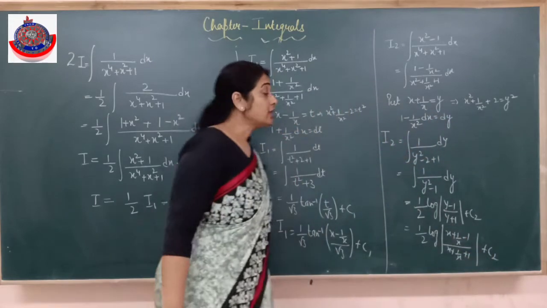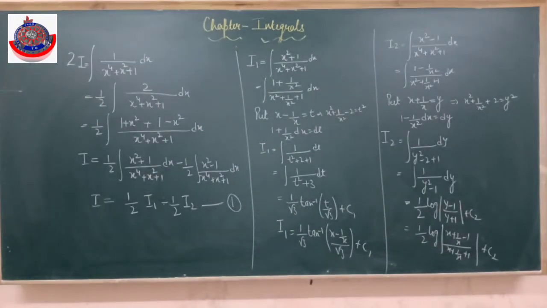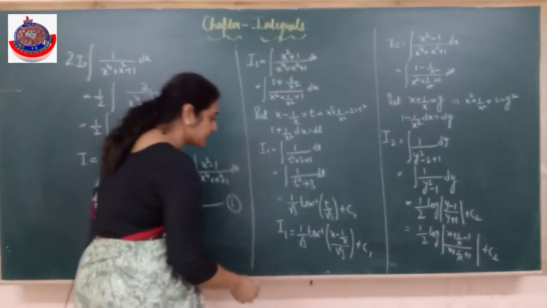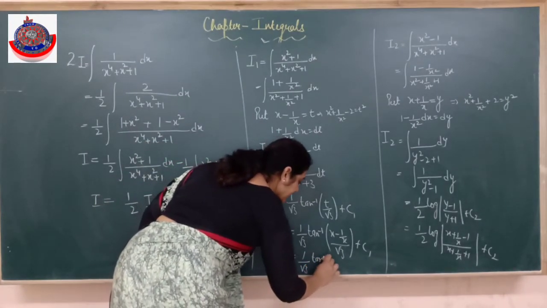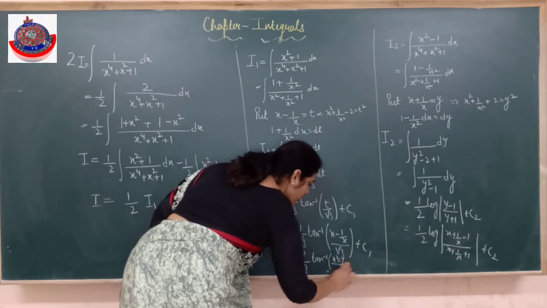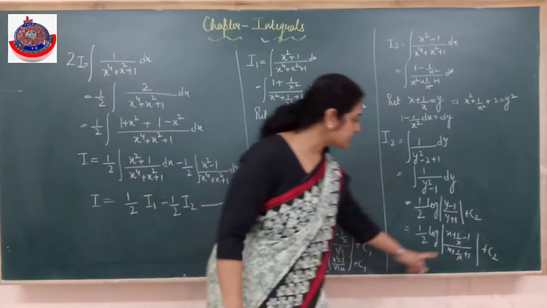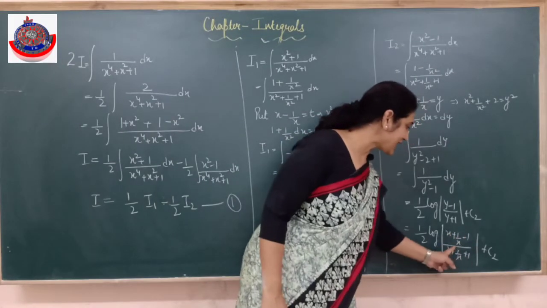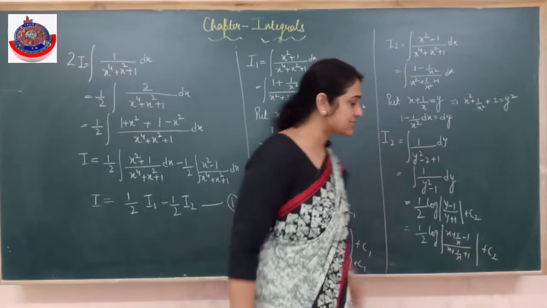So we have integrated I1, we have integrated I2. Now we just have to substitute the values of I1 and I2 and then solve it. We can simplify both further. If I take LCM, it will be x square minus 1 upon root 3x. And if I take LCM this side, x square minus x plus 1 upon x, x square plus x plus 1 upon x, and x cancel.